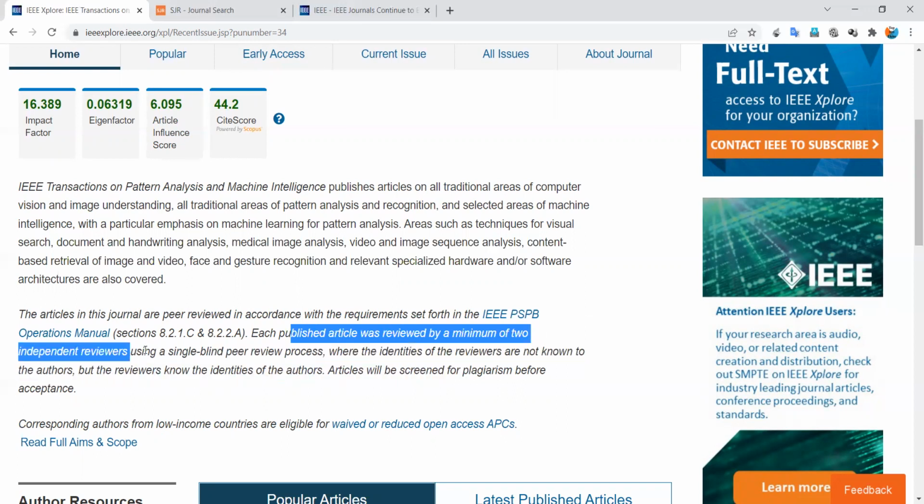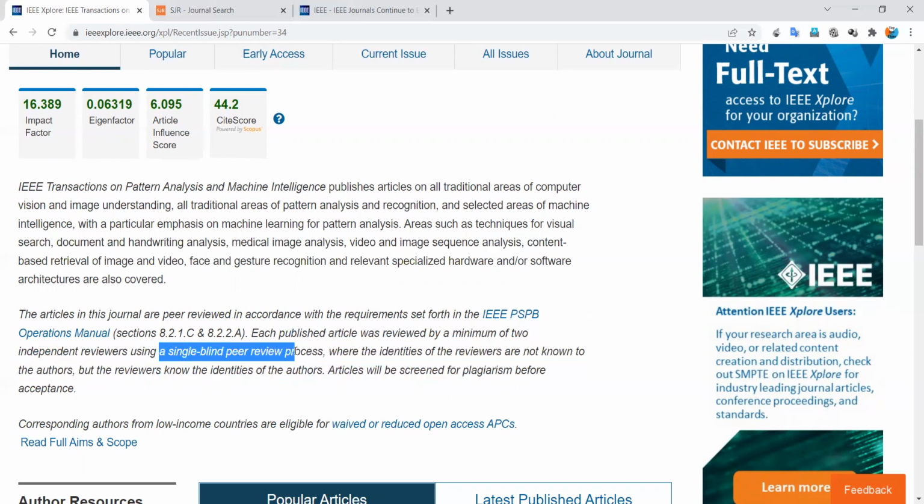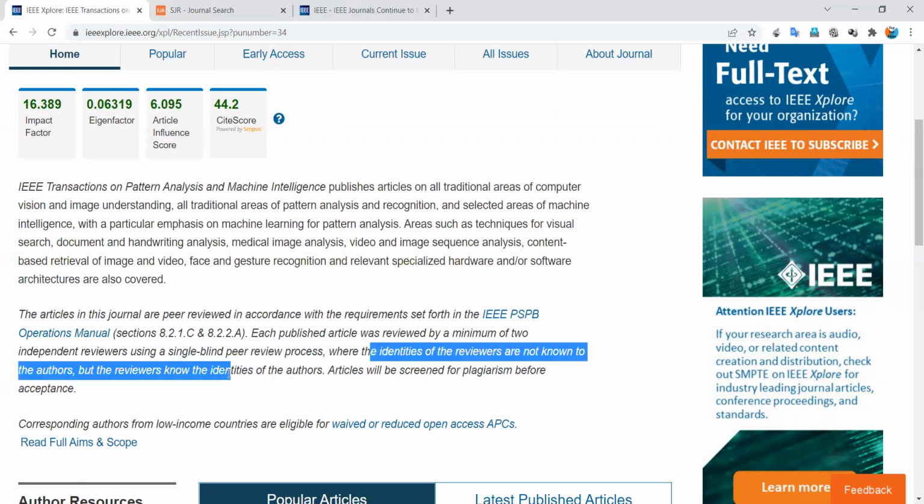Okay, and it uses a single blind review process. Single blind review means the identity of the reviewers is not known to the authors, as mentioned here also. Okay, the identities of the reviewers are not known to the authors, but the reviewers know the identities of the authors.